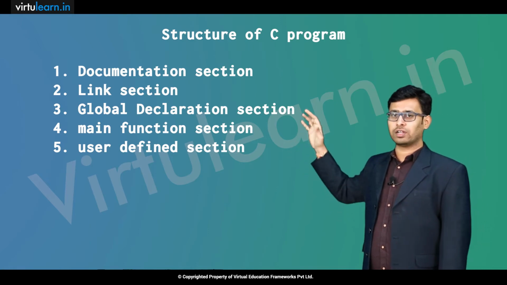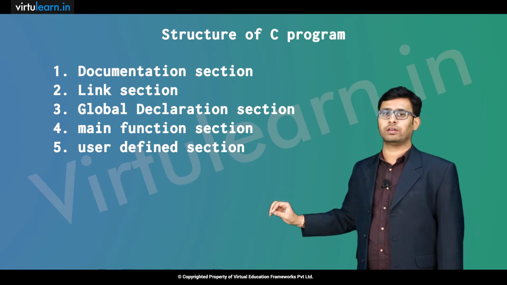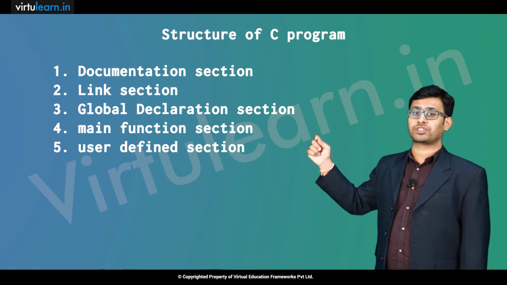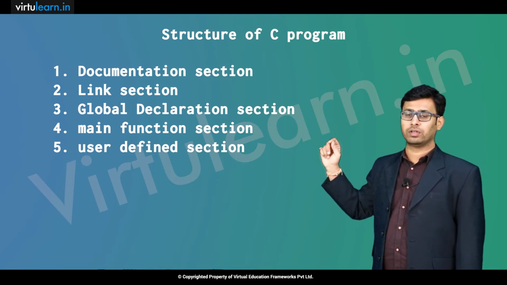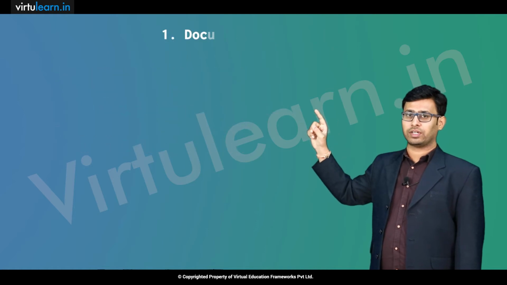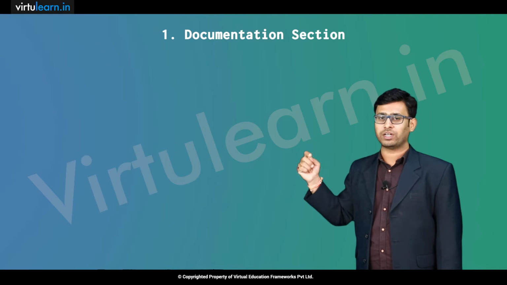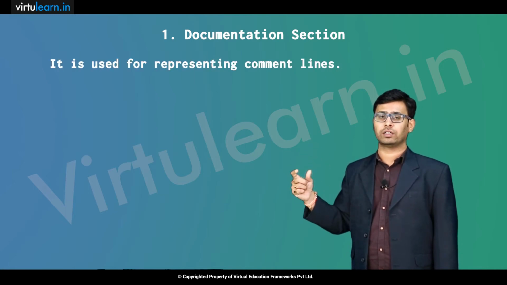The first one is the documentation section. The documentation section is used for understanding who is the developer or the author of this particular code, from which region this person is writing the code, and what the problem statement behind this code is.